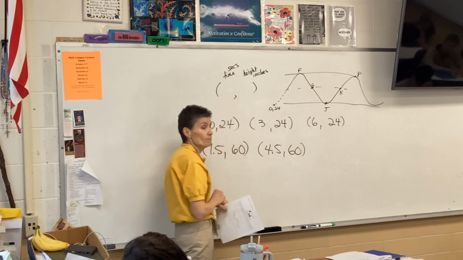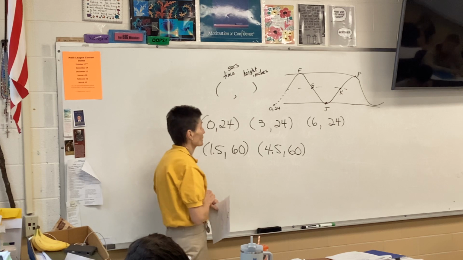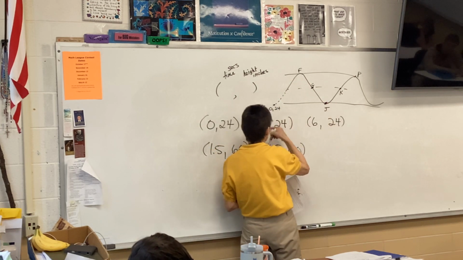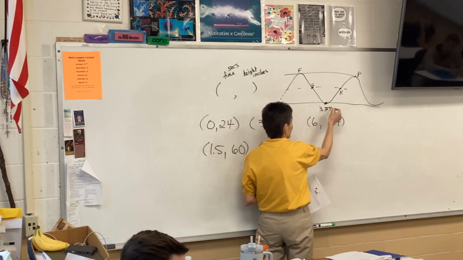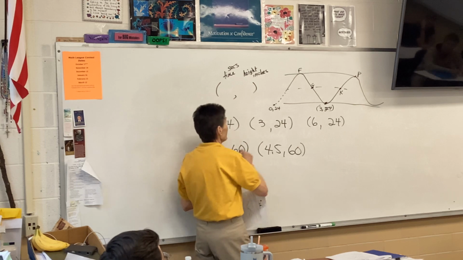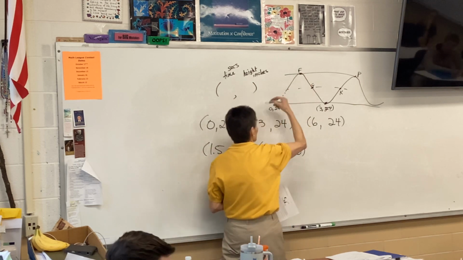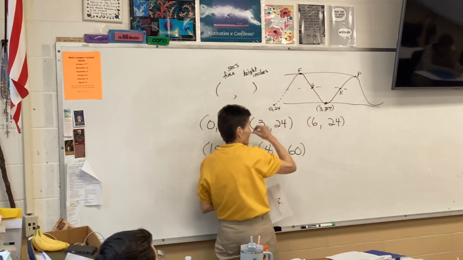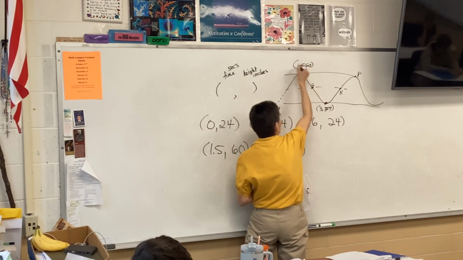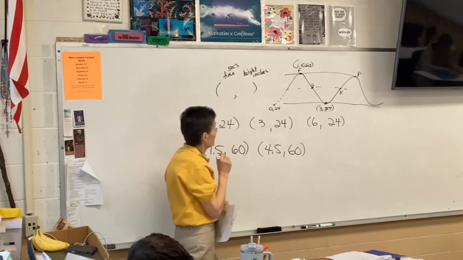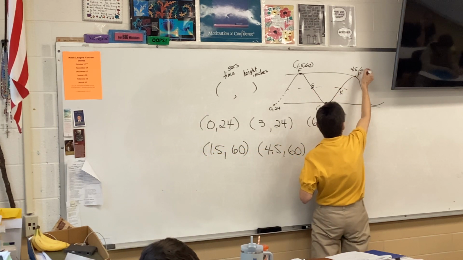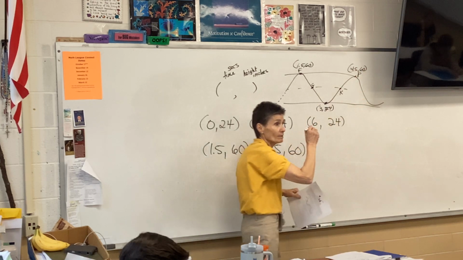Yes. That could be the beginning. And then this would be the point 3, 24. Does that make sense to you? And then right here, the top of the hill, that would be the point 1.5, 60. And this would be the point 4.5, 60. Are you staying with me here?